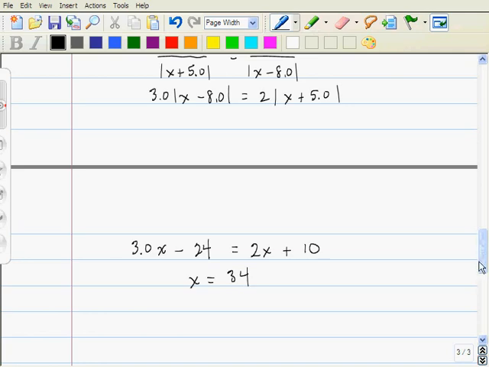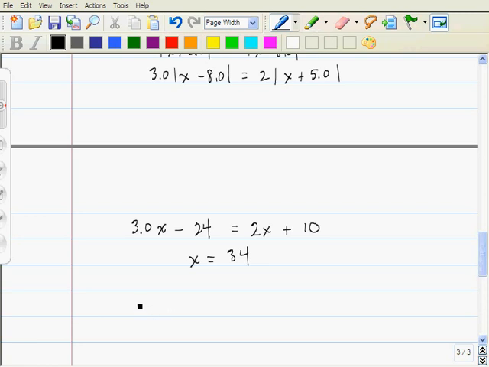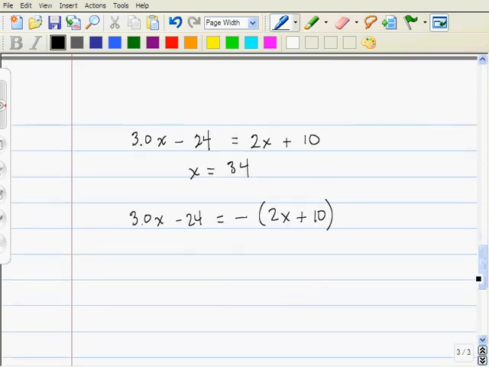Now the other solution would be where the other side is negative. So this is 3x minus 24 is equal to, and I'm going to make this side negative, negative 2x plus 10, which is negative 2x minus 10.